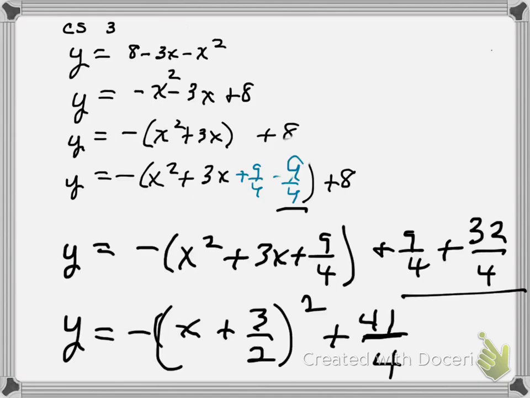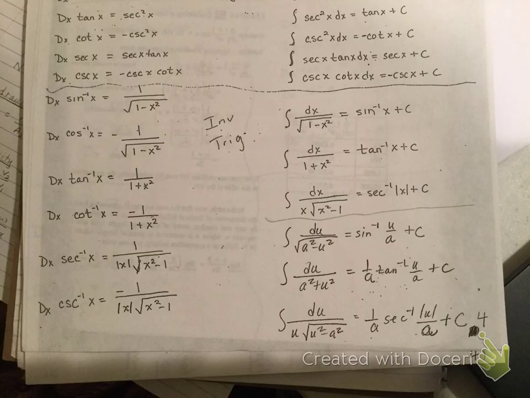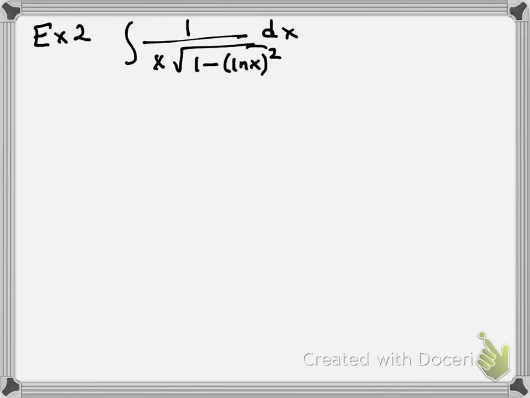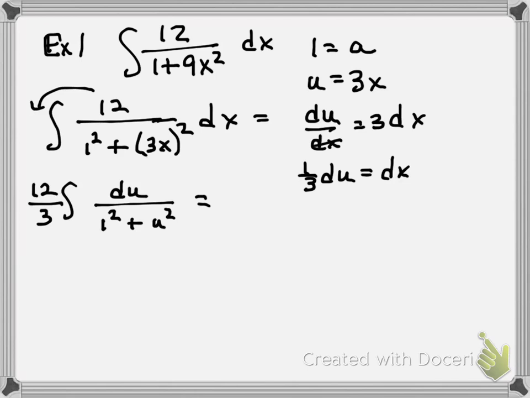So remember, your formula is 1 over a, our a is a 1, inverse tangent of u, our u is a 3x, over a, which is a 1, and then plus c. So when I integrate this, the 12 over 3 is going to become a 4.